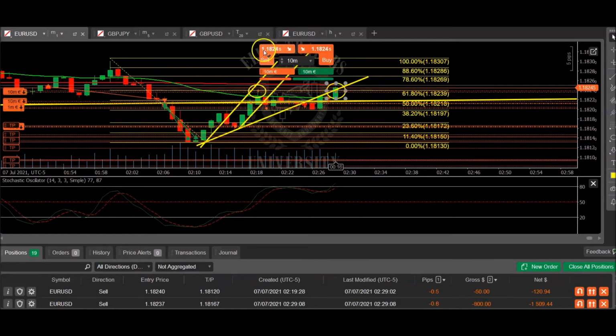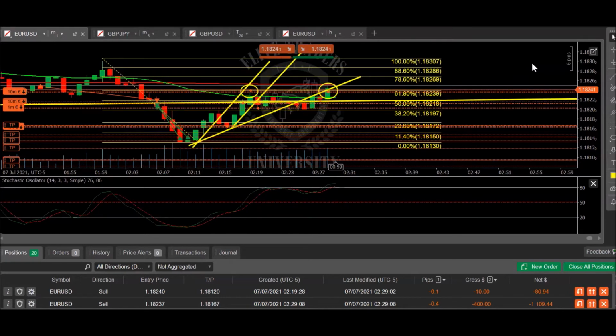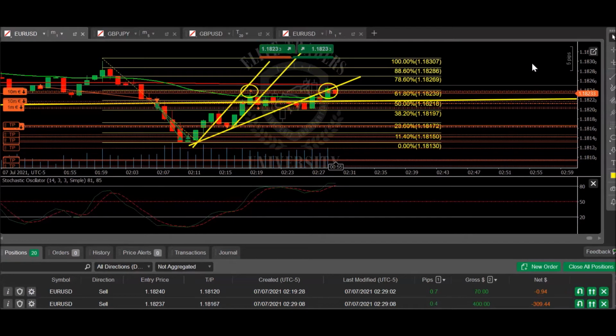They're pushing again. Eight seconds. 4, 3, 2, 1, 0. New candle. Survey says it's red.